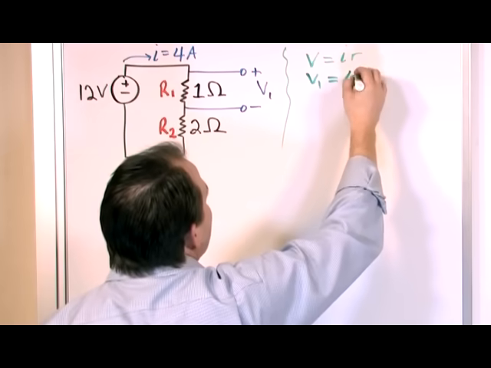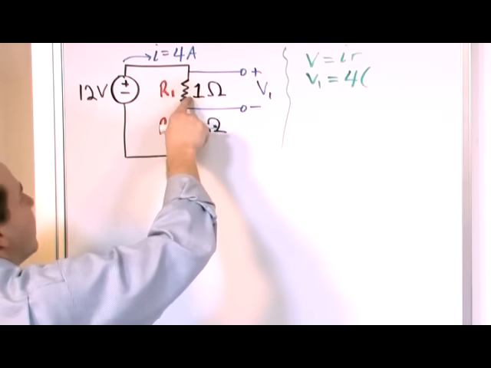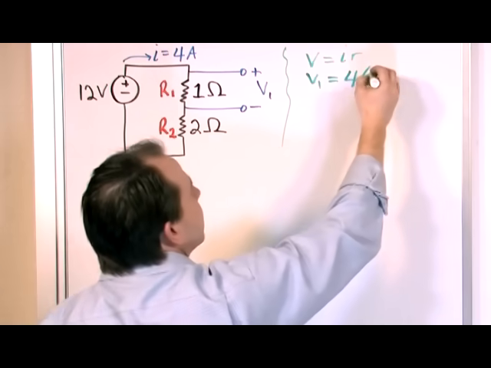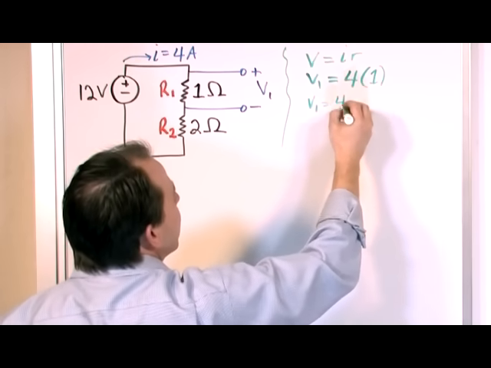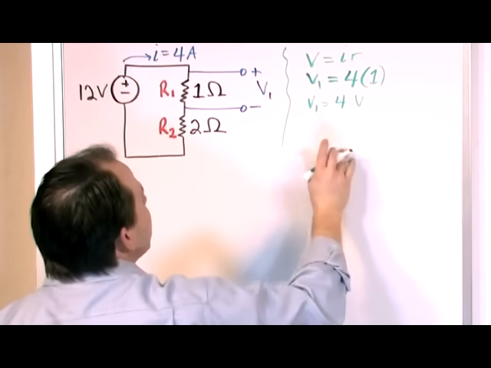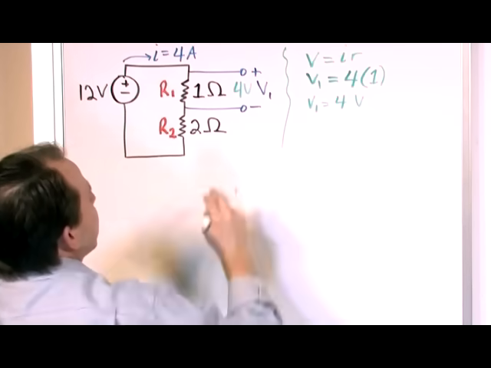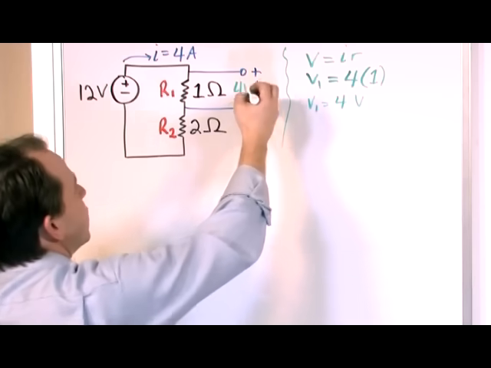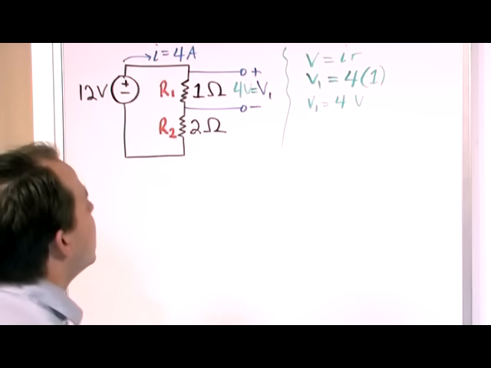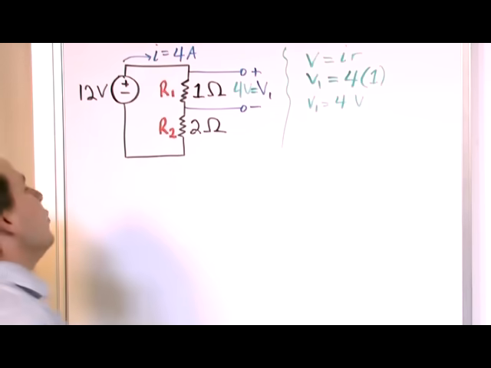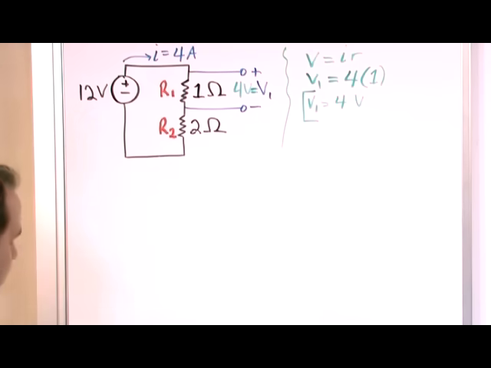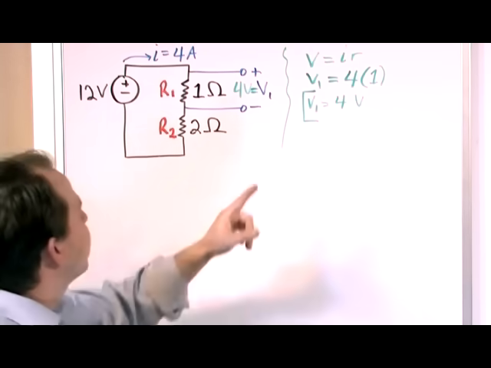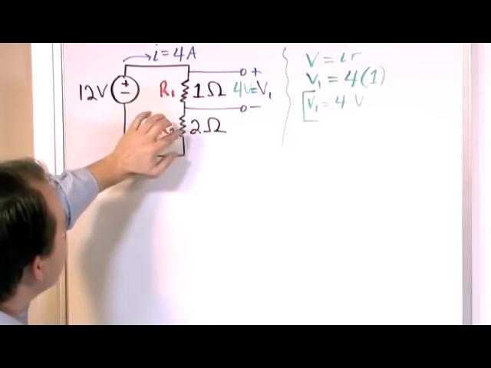The resistance is known to be 1 ohm. So V1 is equal to 1 times 4, which is 4 volts. If you put a voltmeter probe there and measure it, you're going to see 4 volts across V1. Notice when we applied Ohm's law, we didn't even care about what R2 was doing.